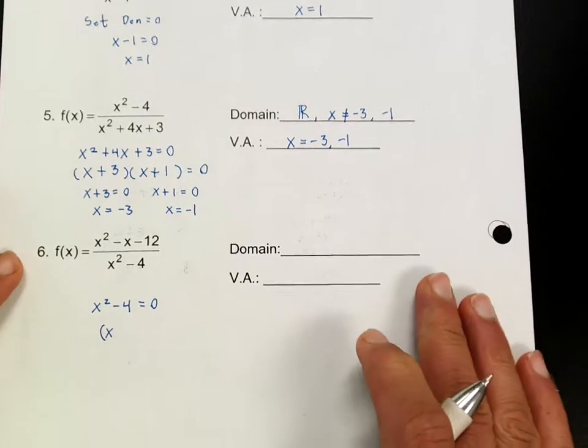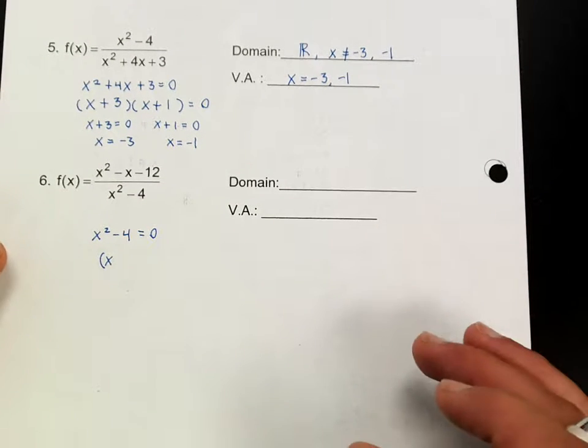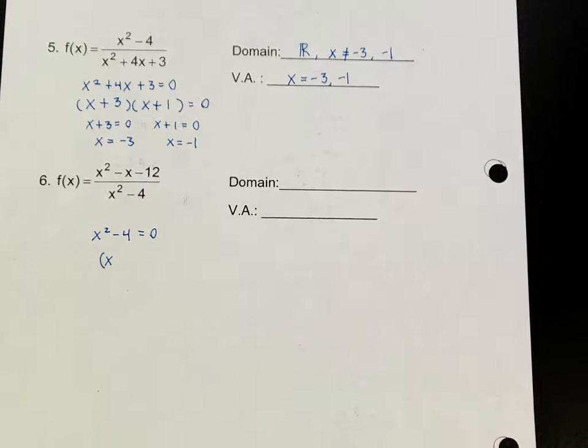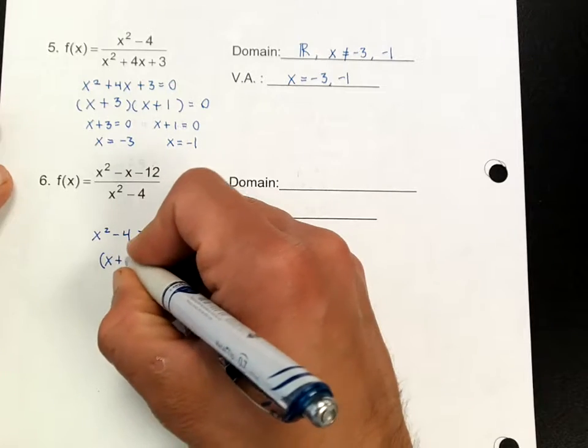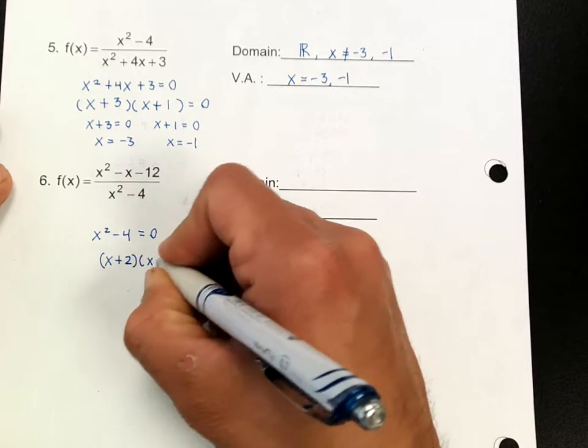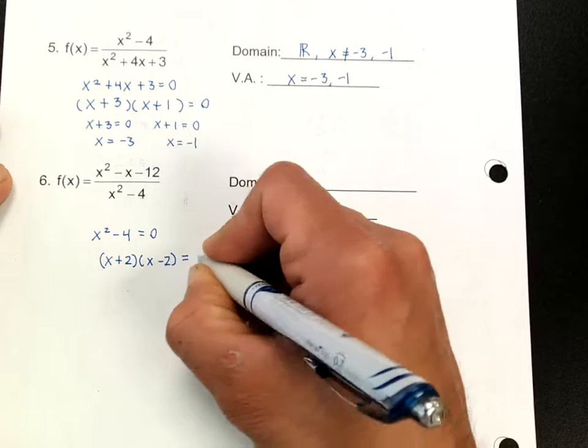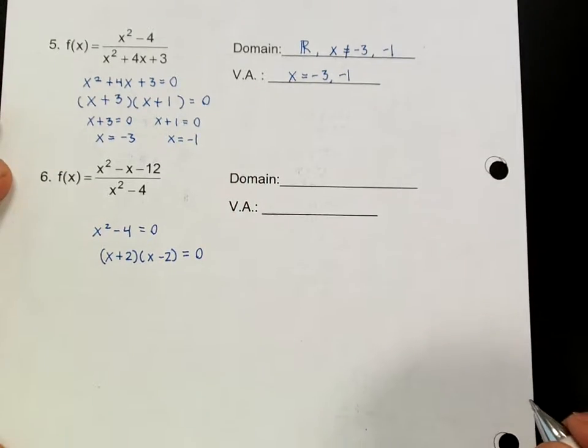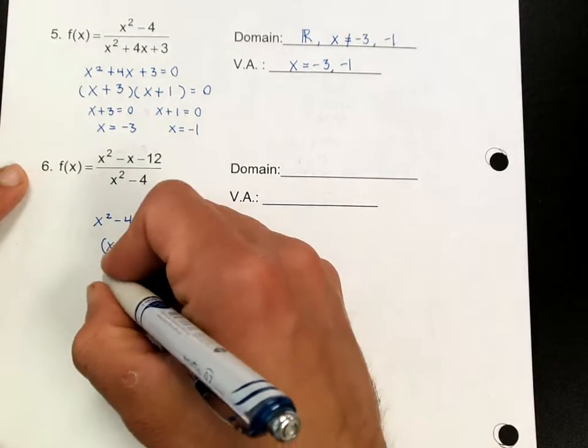And this one, notice that this is the same problem as what I had in example 2, I believe. But I'm going to factor this time because I just feel like factoring. So we're going to factor this into x plus 2, x minus 2. And then we're going to set each factor equal to 0.